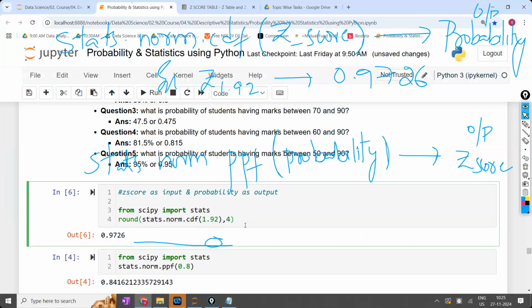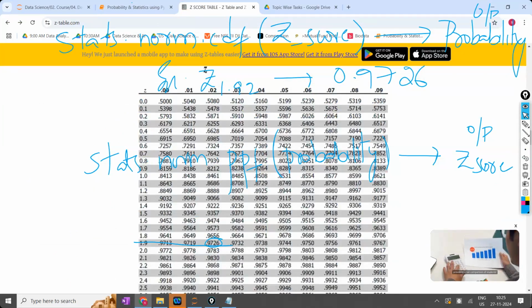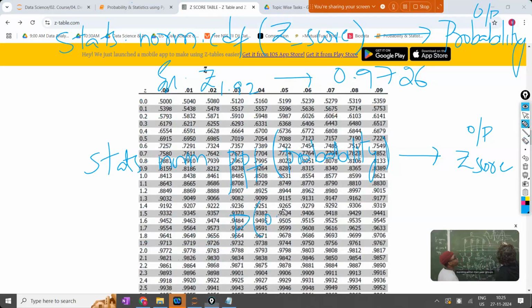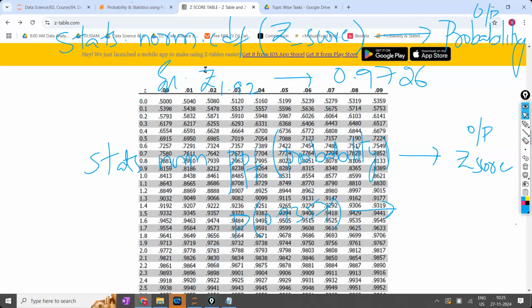Right? Now, I'm going to give you the probability and tell me what is the Z-score. Probability is 0.9357. What is the corresponding Z-score? 1.55. Observe.